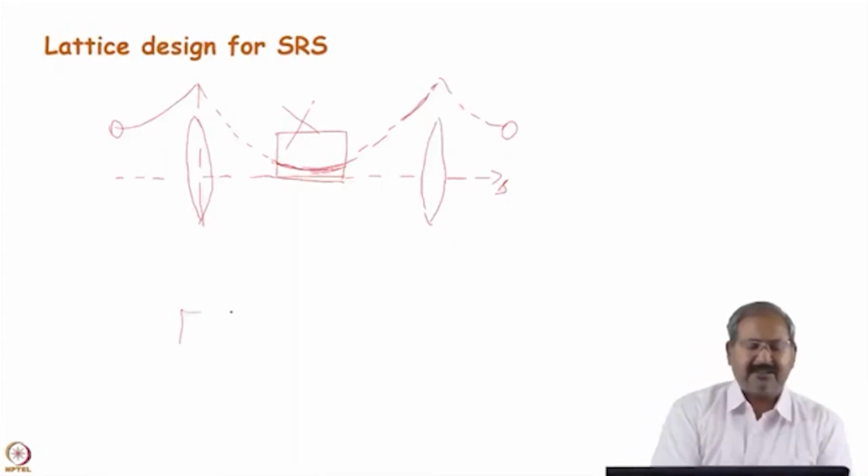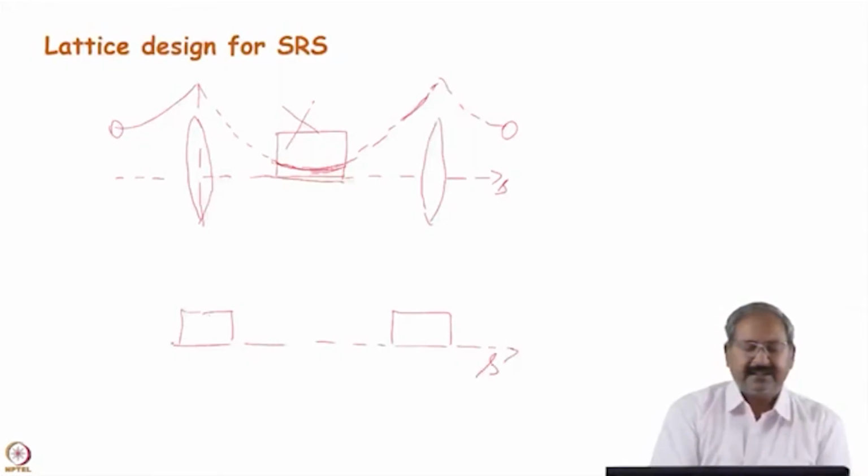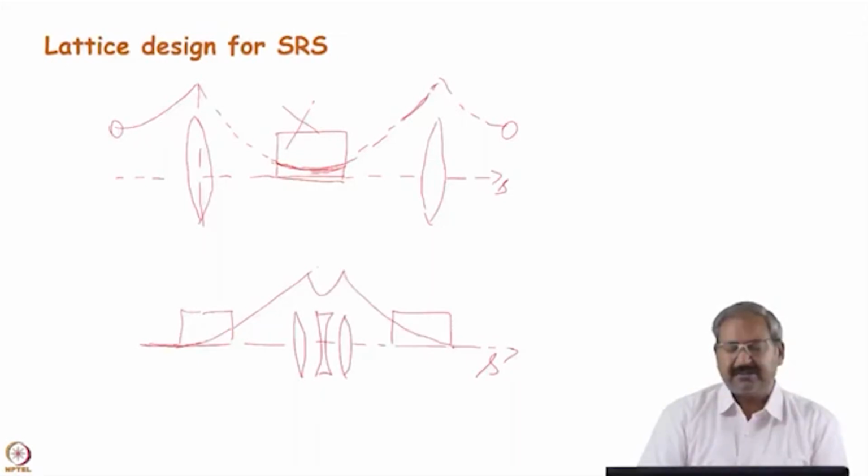So again the first choice comes by the double bend achromat, which we have studied during our achromat part, and here you can see we can take a periodic solution like this. Dispersion is increasing here due to the dipole magnet, then going the dispersion here like this, and you make a series of quadrupoles to make the achromat zero.